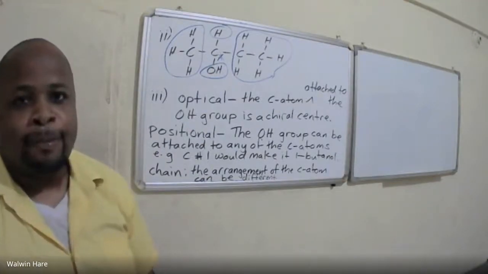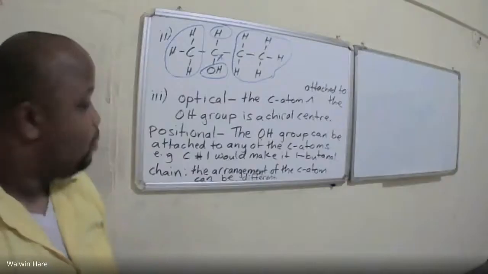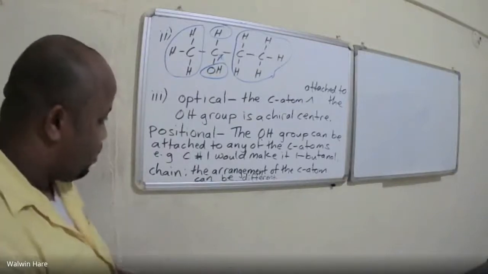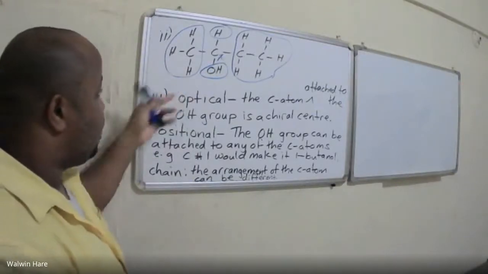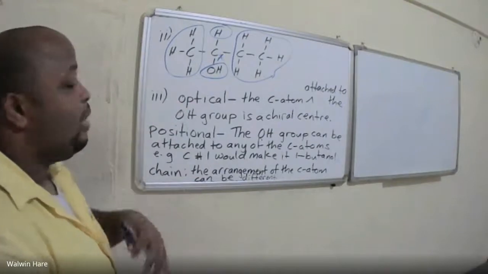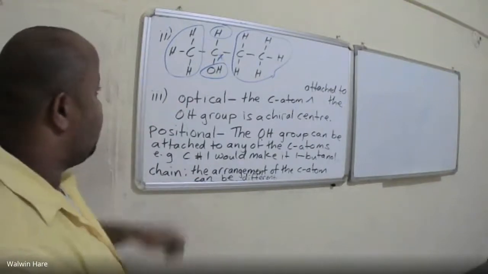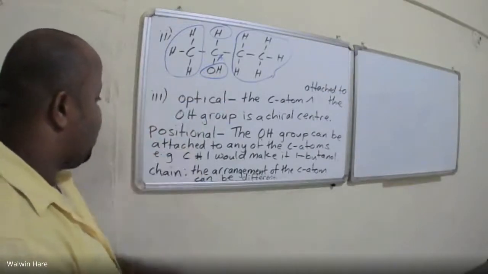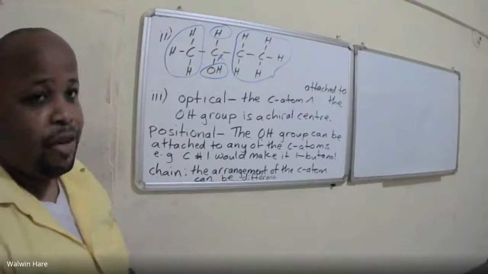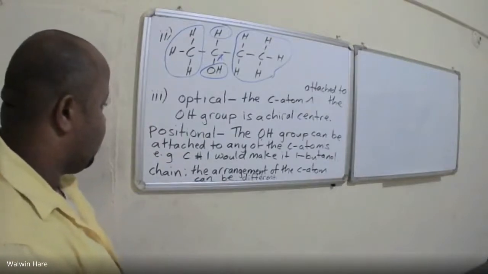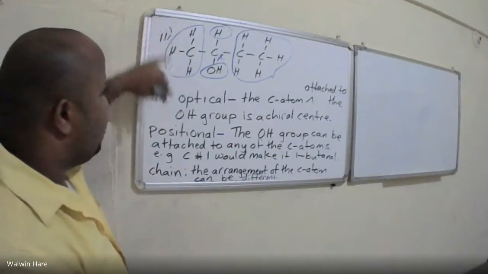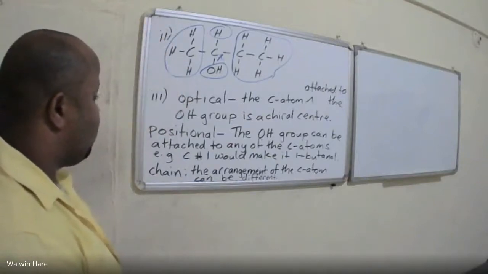So we'll just go with optical. If it had asked us to draw a positional isomer, or all the possible types of isomerism, then we'd go with positional and chain, and even convert it to an ether. But it just asks what type of isomerism it would exhibit, so we'll get optical.